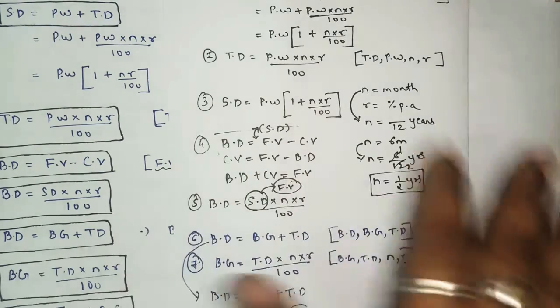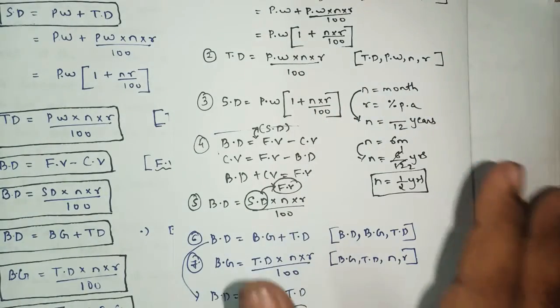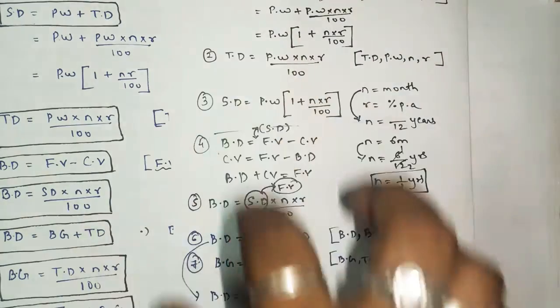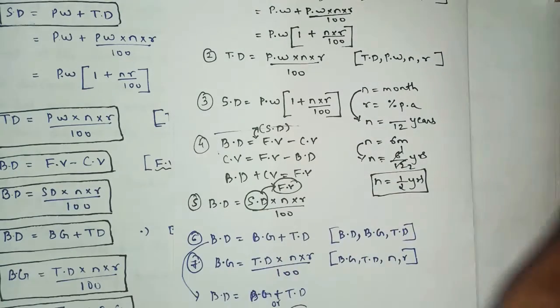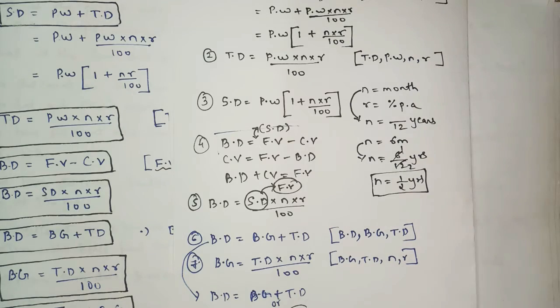For all 15 sums we have to apply these formulas, but the first 7 sums are exactly based on the formula. You just have to read and understand the question and apply the suitable formulas. And the next 7 to 8 sums are based on the formula as well as proper steps, so that we'll see afterwards.